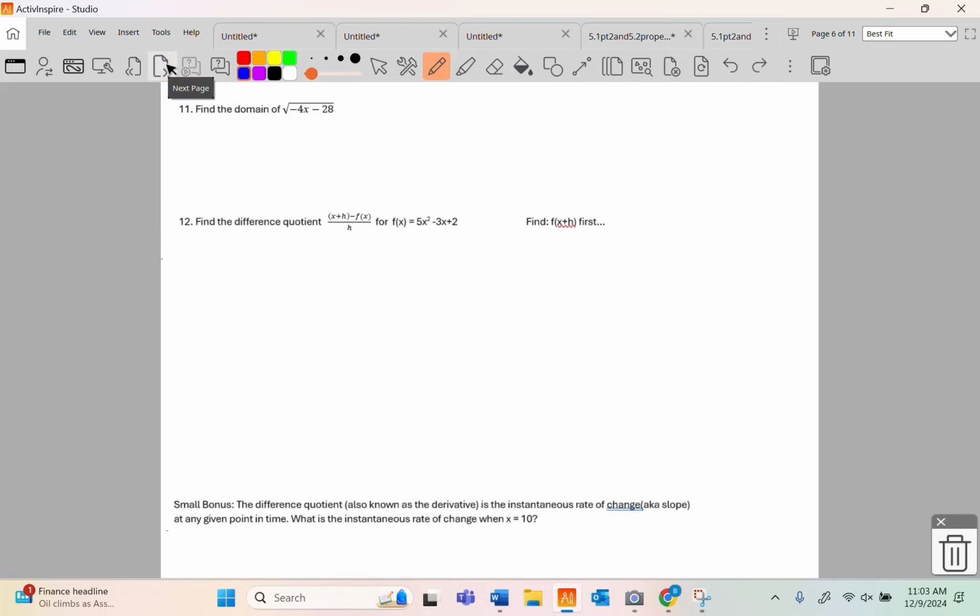All right, find the domain of the square root function. Similar rule, the square root of anything, the stuff inside is greater than or equal to 0. A couple of you guys put less than or equal to 0 on your last quiz, but it's about being greater than or equal to 0. So I do that because the smallest thing I can take the square root of is 0. So take the inside, compare it to 0.